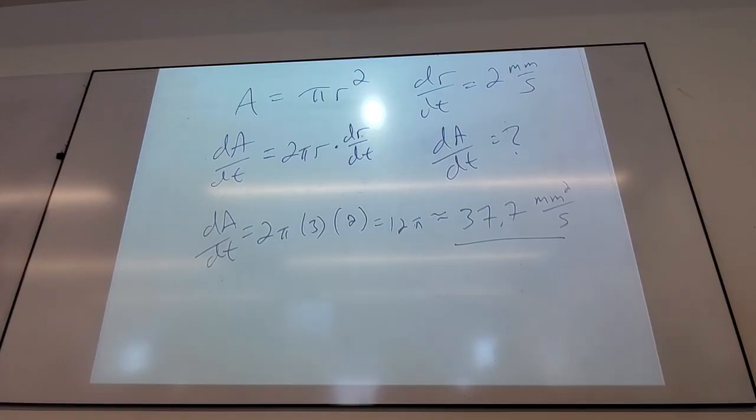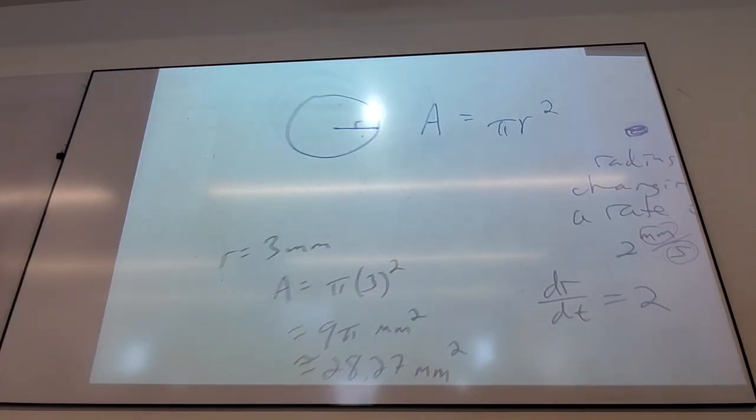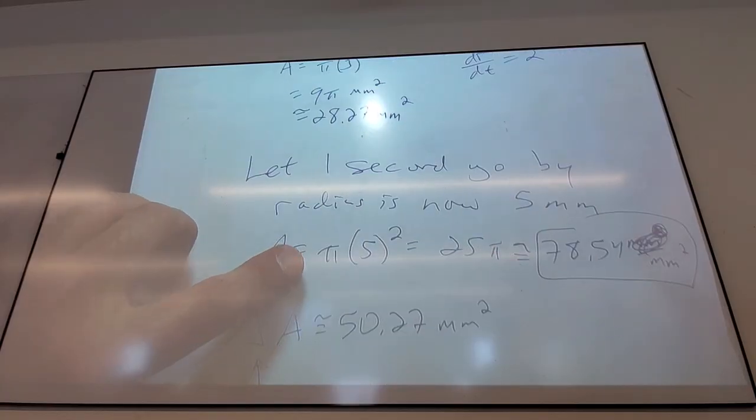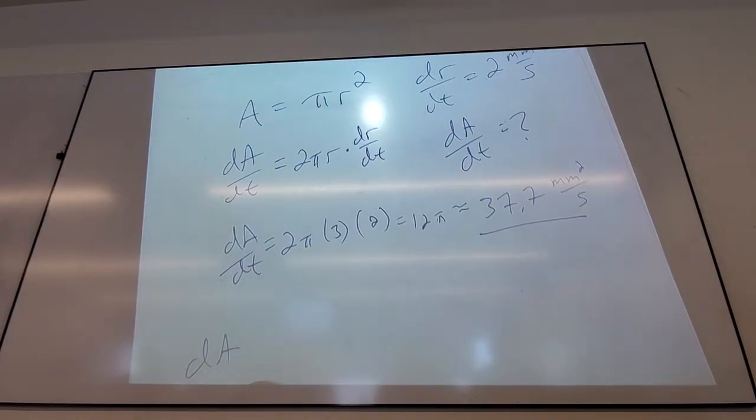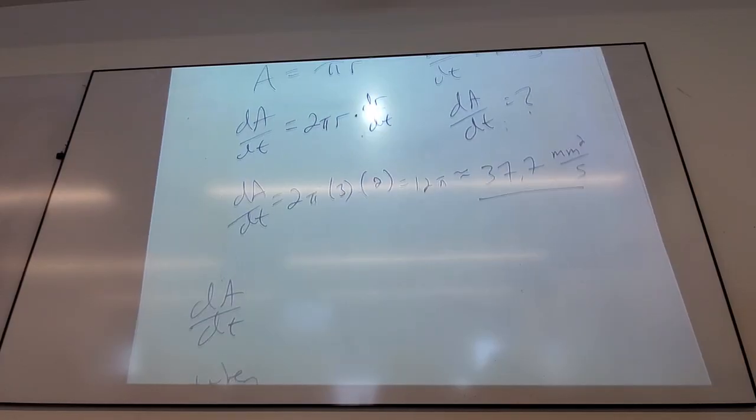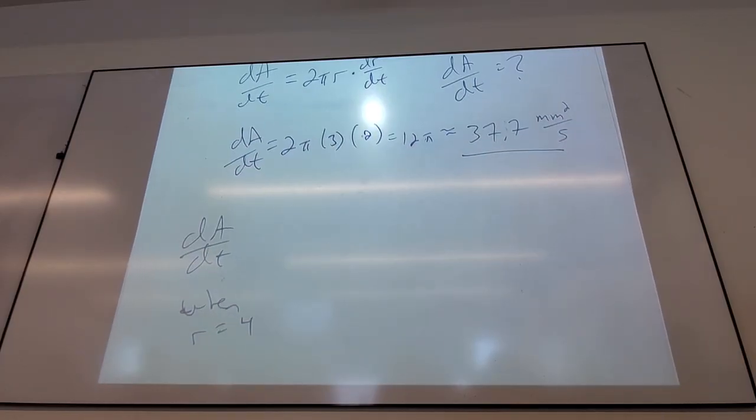Now real quick, let me see if I can add one more thing on here. Do you see how I have the radius at 3 and the radius at 5? If I do dA/dt when the radius is 4, that'll be right between the two. That's just like chapter 2. It should average those two out. Let's see.